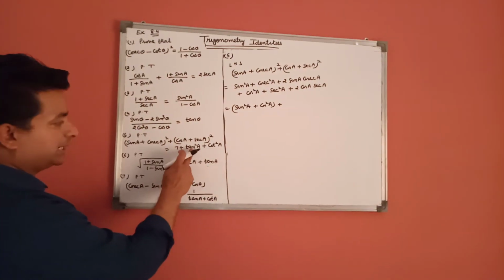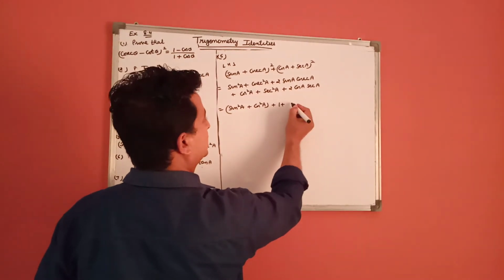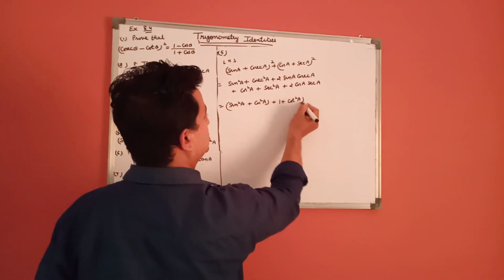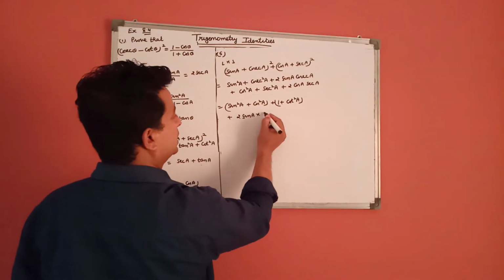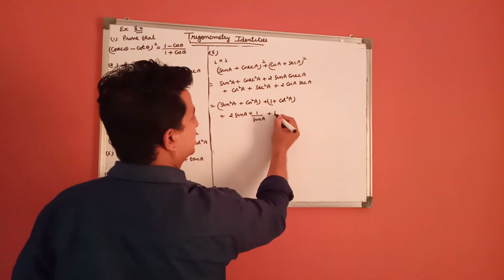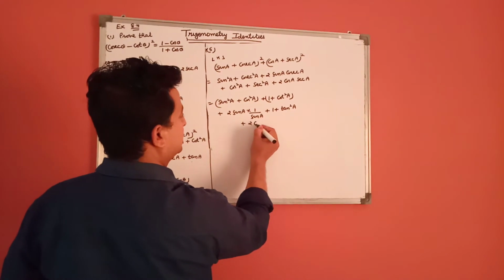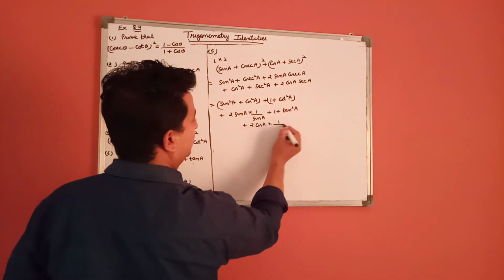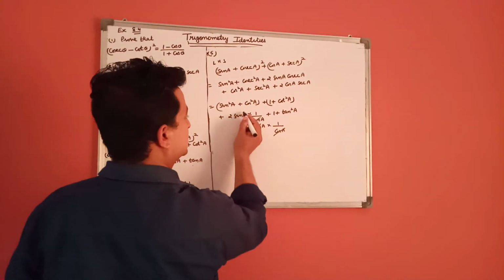We take sin square A plus cos square A in one pair. As in the right hand side there is tan square and cot square, change cosecant square A as 1 plus cot square A and 2 sin A cosecant A as 2 times 1 by sin A times sin A. Change secant square A as 1 plus tan square A and secant A as 1 by cos A. This cancels out, this also cancels.